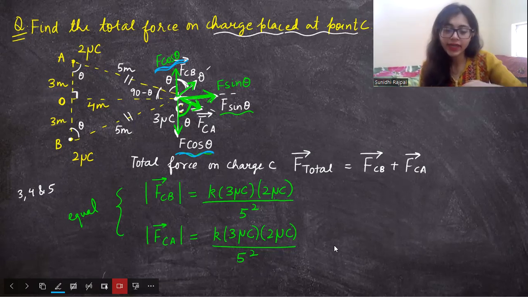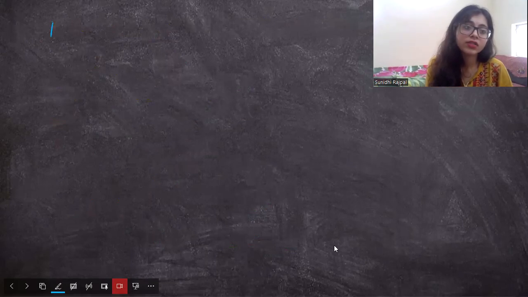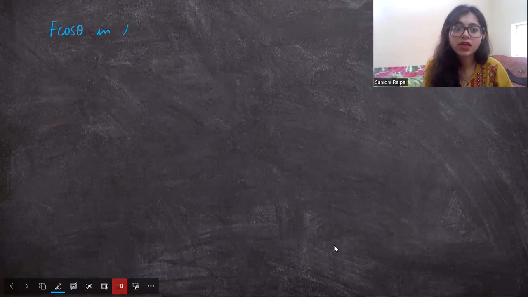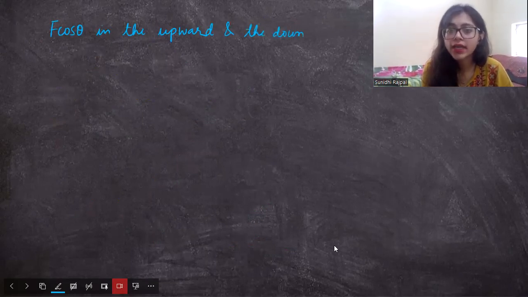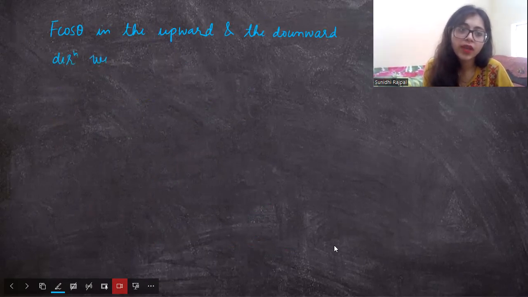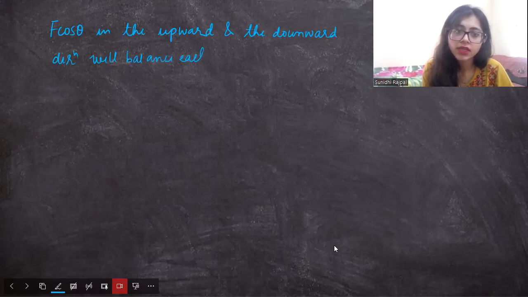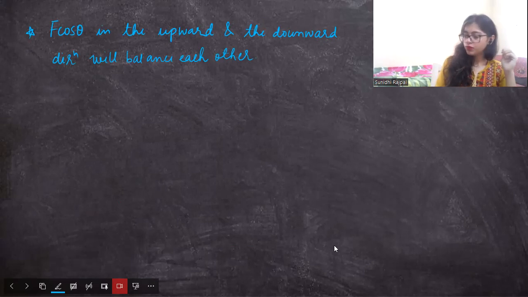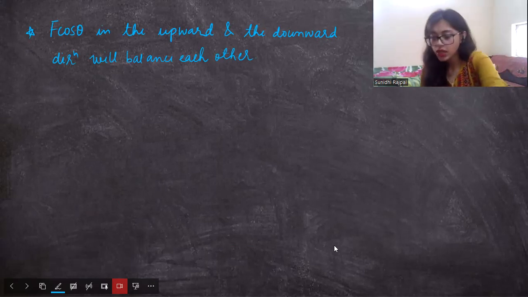So I can write that the F cos theta in the upward and the downward direction will balance each other. ठीक है? तो upward और downward direction में जो forces हैं, they are balancing each other.